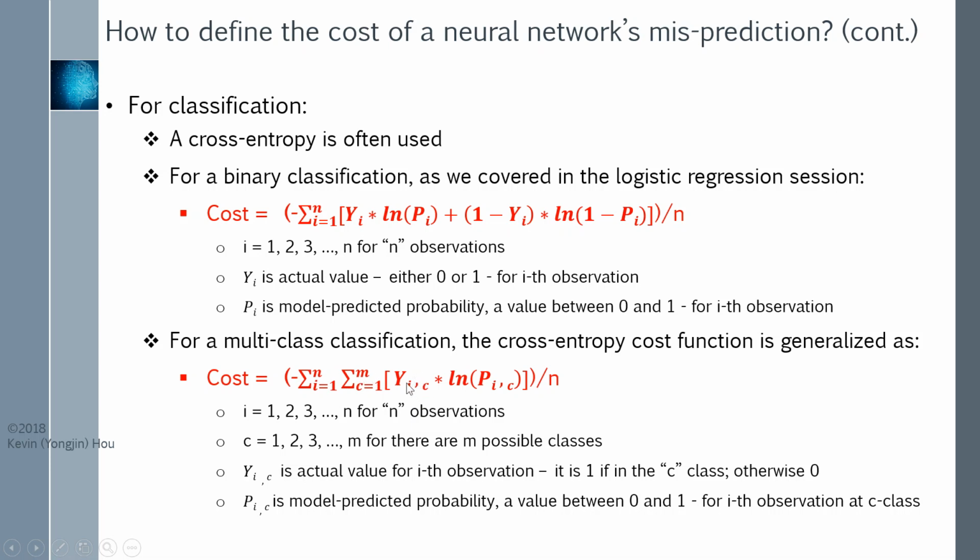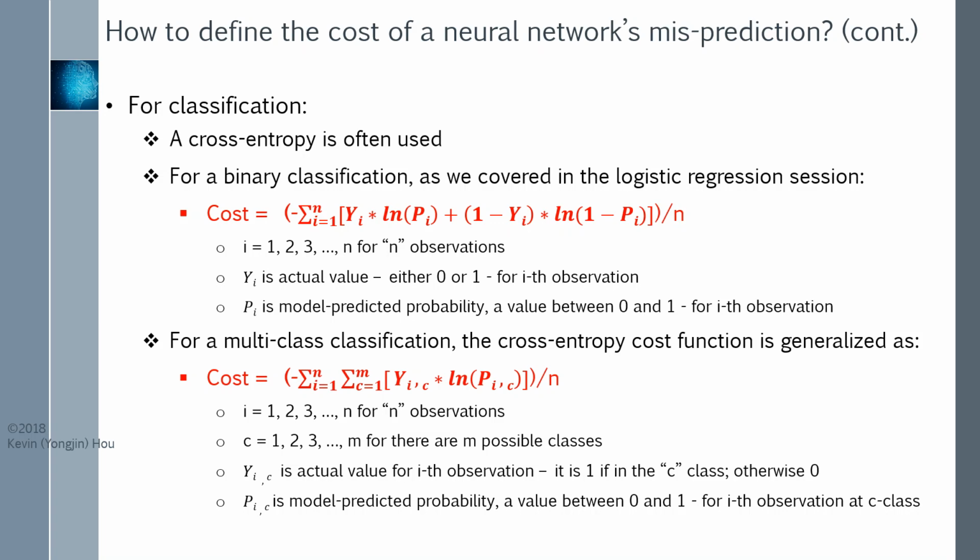If we expand the formula, for anything other than the true category, the term will be zero, so it just disappears. What's left is the case where the actual observation falls into the true category, for which the indicator is one, and then the model's prediction plugs in and gives the cost. Again, we sum them up and divide by n to calculate the average. That's the multi-class classification cross entropy cost function.